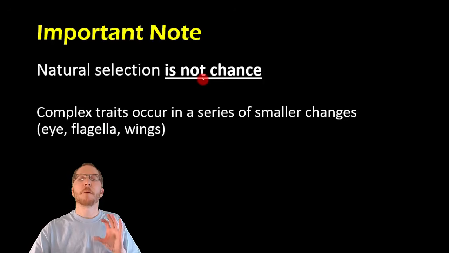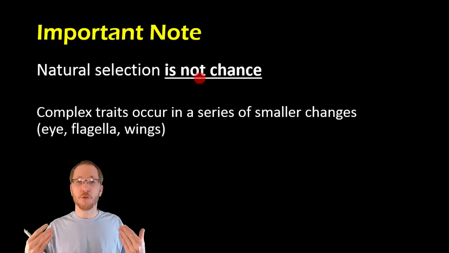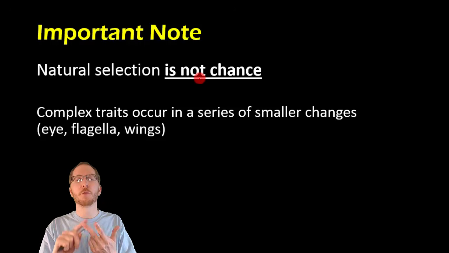As I start to wrap up natural selection, I just want to reiterate one point. A lot of people act as though evolution and natural selection is chance, that it's random. There are random aspects. Gene flow can be somewhat random, mutations certainly can be random, but natural selection itself is something that reliably occurs based on the environment, that certain traits will survive and reproduce more.